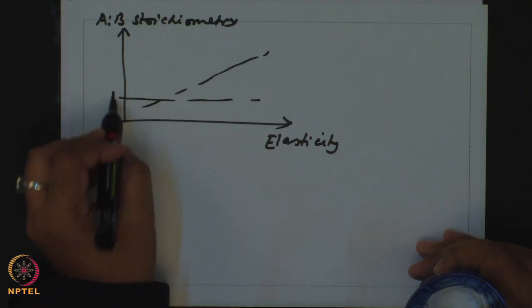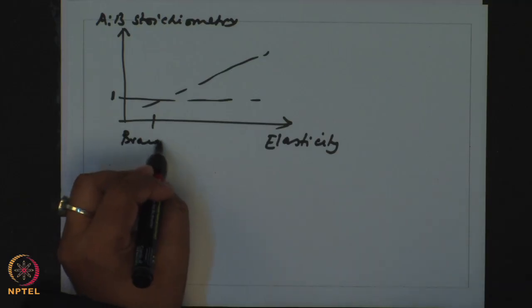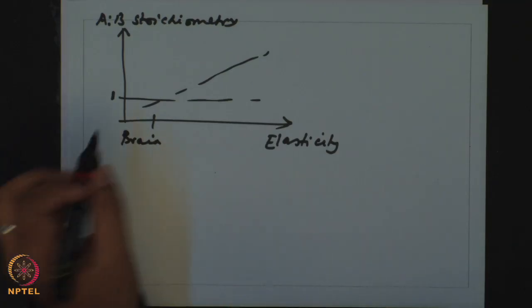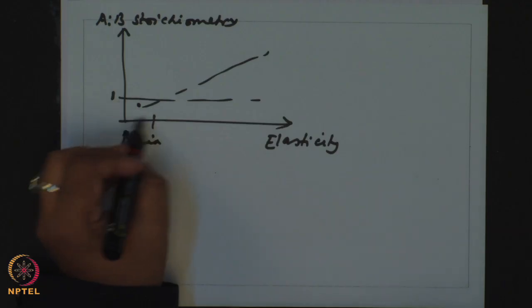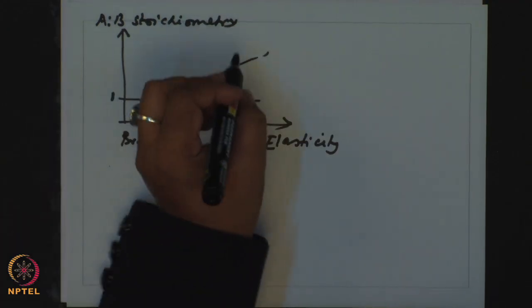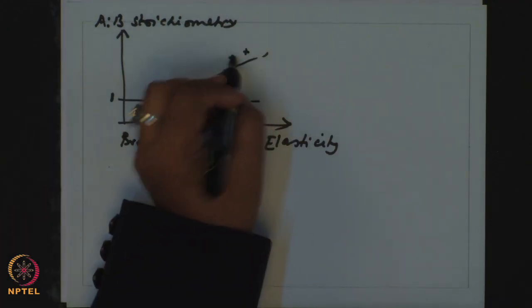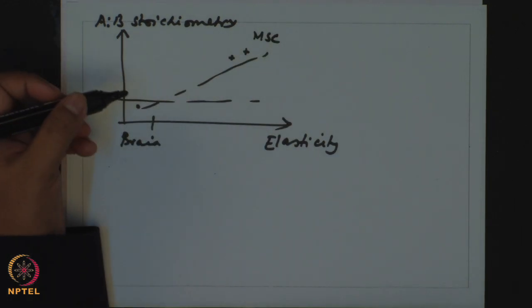Below 1, in soft tissues like brain, you have cell types like glioma cells, where the lamin A to B ratio is less than 1, while stiff tissues like cartilage, bone, muscle cells and even mesenchymal stem cells contain high ratios of A to B.